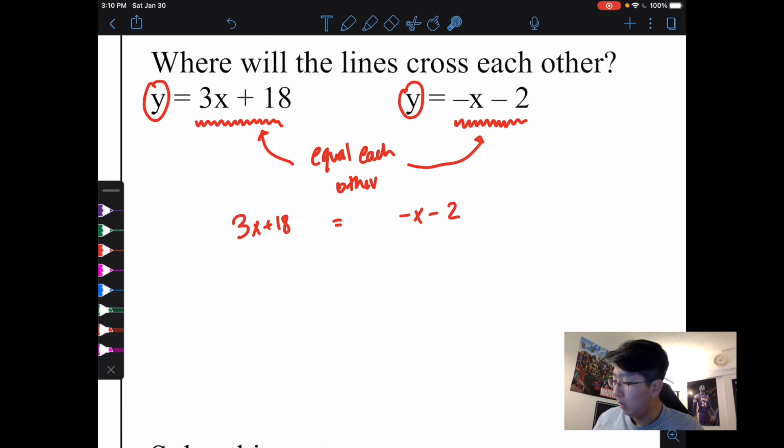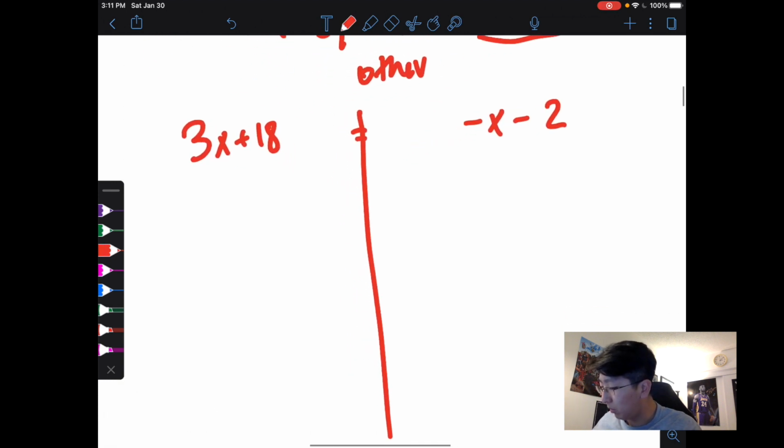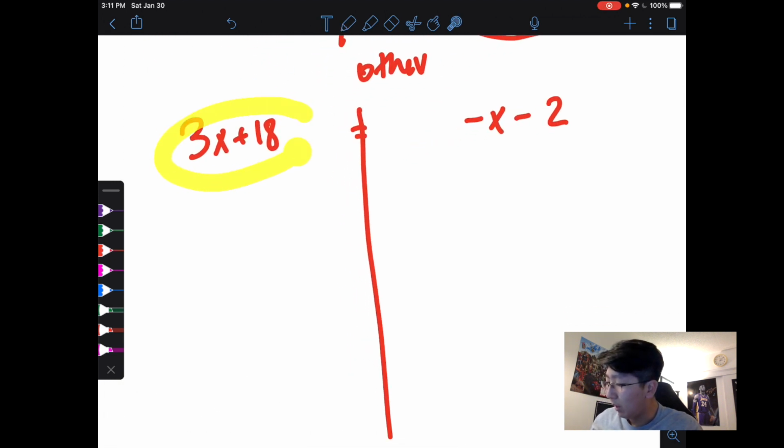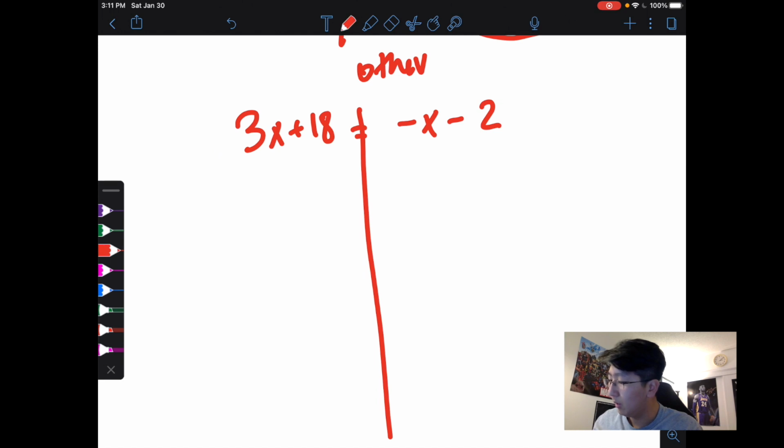So with the equal value method, we make this equal that, basically substituting our y's. When I do that, I can go ahead and solve for x. Now that there's just one variable, let's solve for x. I'm going to add x on both sides.